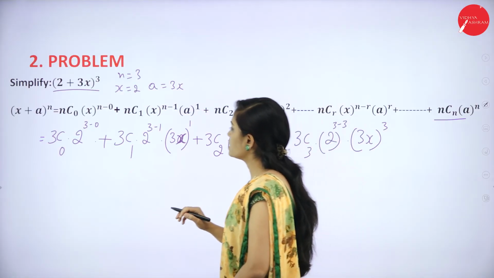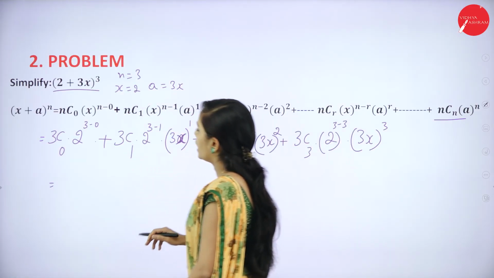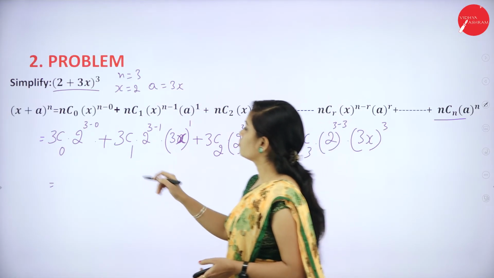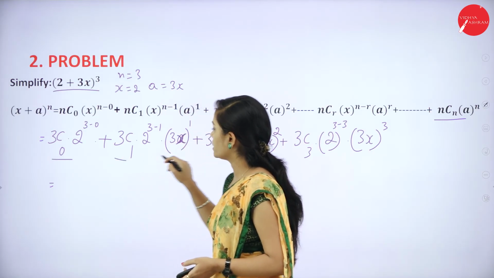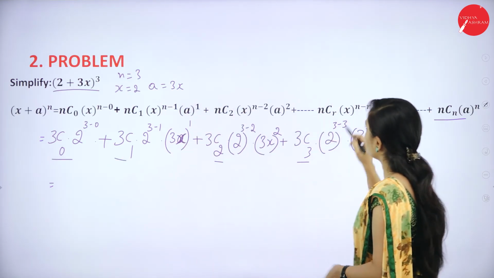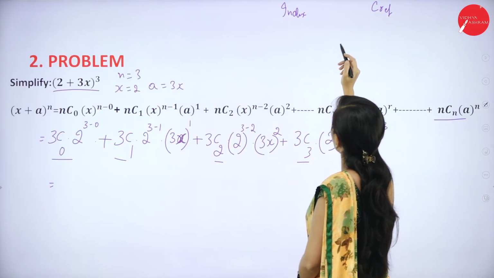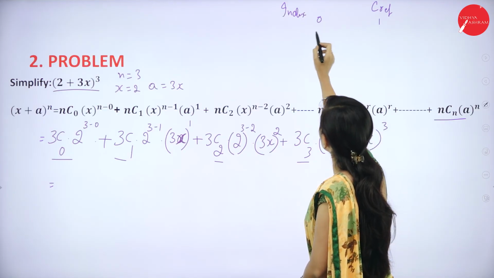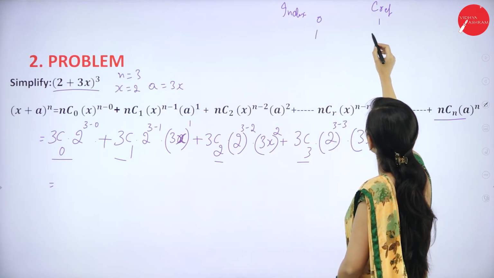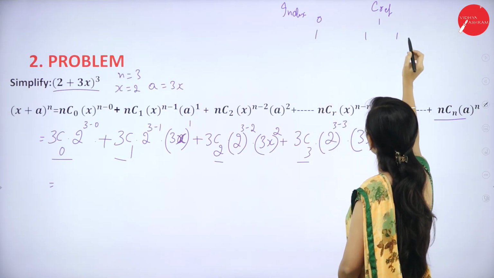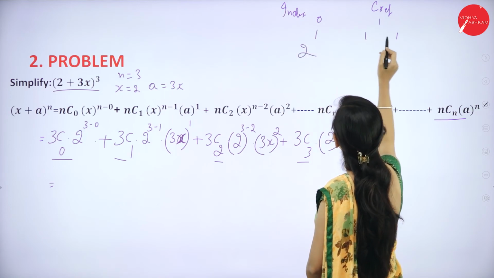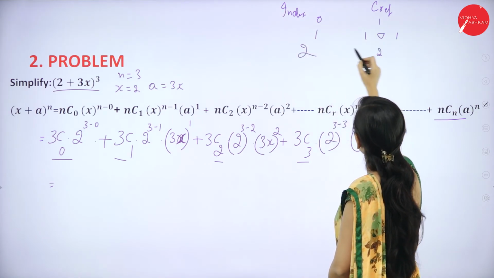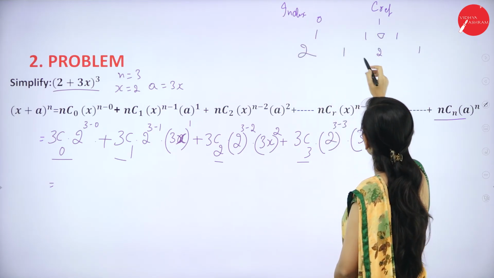Please use brackets. And now I'll use Pascal's theorem for finding 3C0, 3C1, 3C2, 3C3. So how to apply Pascal's theorem? Index is 0, coefficient is 1. Index is 1, coefficient is 1, 1. And index is 2, 1 plus 1 is 2. As it is, I'll write 1 and 1 here.